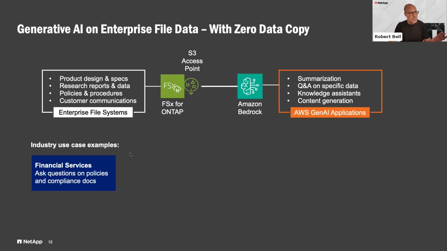This is one example. I'll show some other examples from different industries. What you can see is the same service, Amazon Bedrock, doing the same kind of things with similar kind of data, but the use case will be very different. If you're in healthcare and you've got tons of research and clinical data, you want to derive some sort of insight out of those piles of research data.